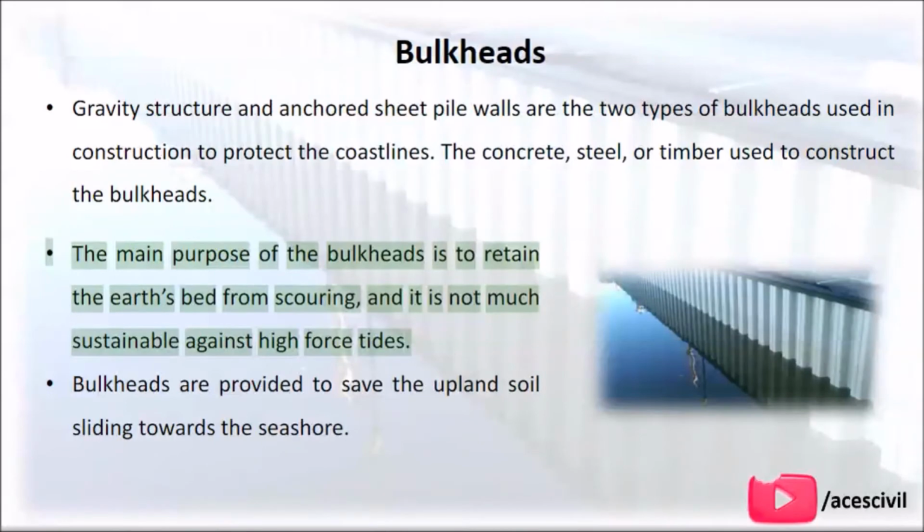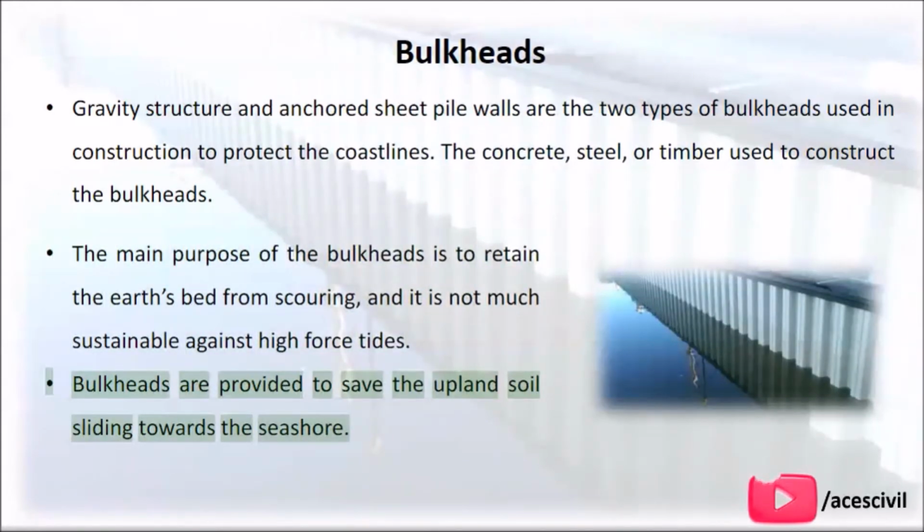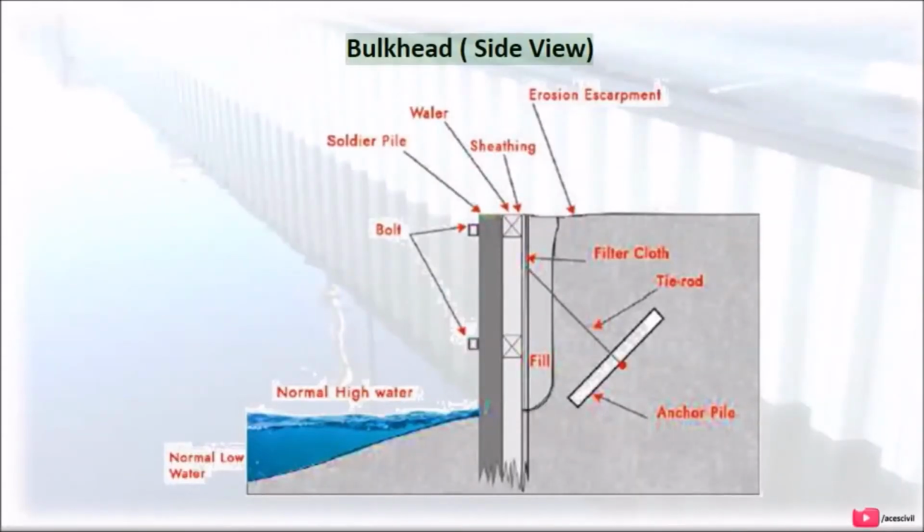The main purpose of bulkheads is to retain the earth bed from scouring, and they are not very sustainable against high-force tides. Bulkheads are provided to save the upland soil from sliding towards the seashore. Bulkhead, side view.